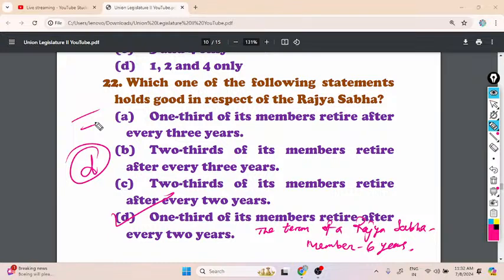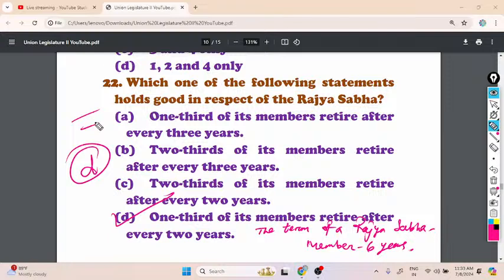So we have discussed certain valuable questions today. In the next class I shall be bringing similar questions on Parliament. So the Union Legislature part 3 will be discussed in the next polity classes. Wait and watch, and give your robust suggestions for improvement, if any. Believe in us, trust in us, and watch our classes for your preparation. I hope these classes will definitely strengthen your concepts and enable you to crack the prelims and also the mains.